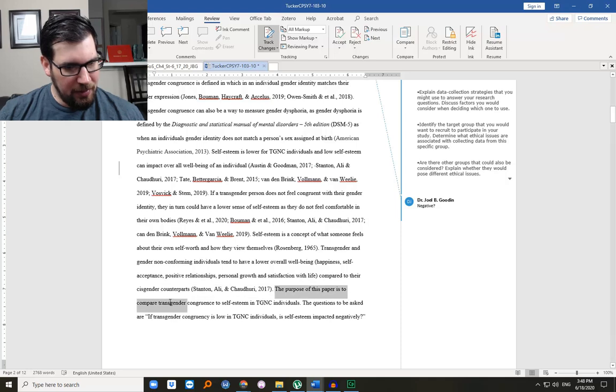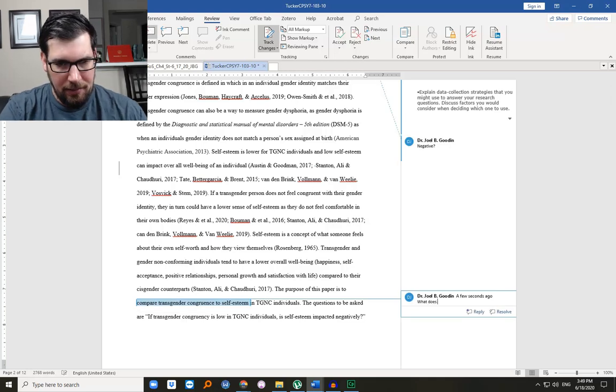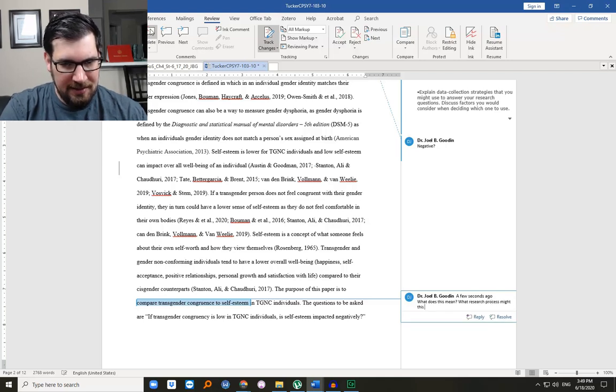The purpose is to compare transgender congruence to self-esteem. And I'm going to ask, what does this mean? What research process might this involve? Would this be correlational?